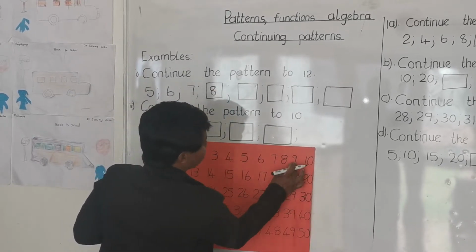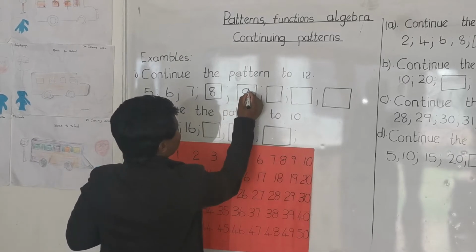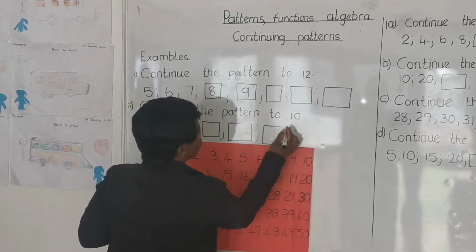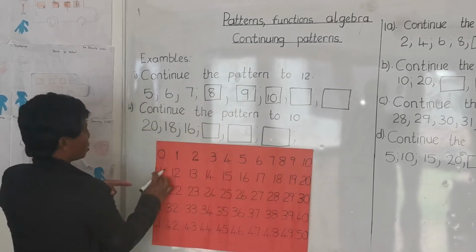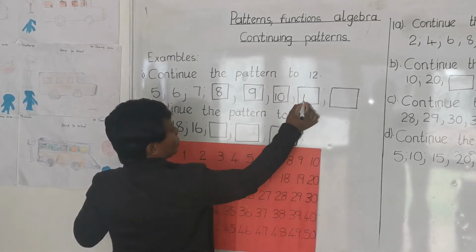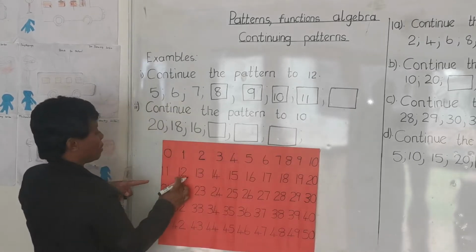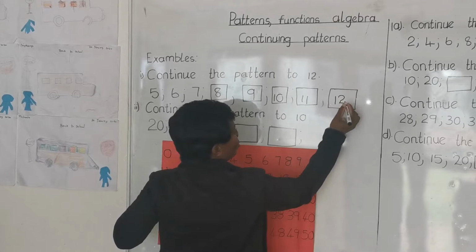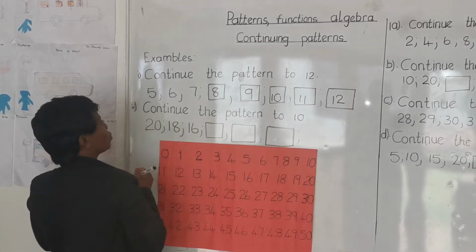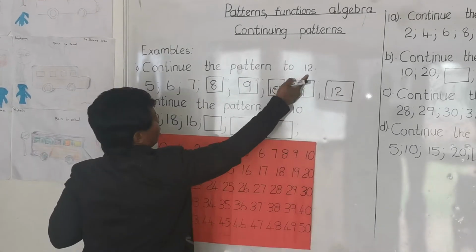From 8 to 9. From 9 to 10. From 10 to 11. Then from 11 to 12. We are going to stop at 12 because they said we must continue from 5 to 12.